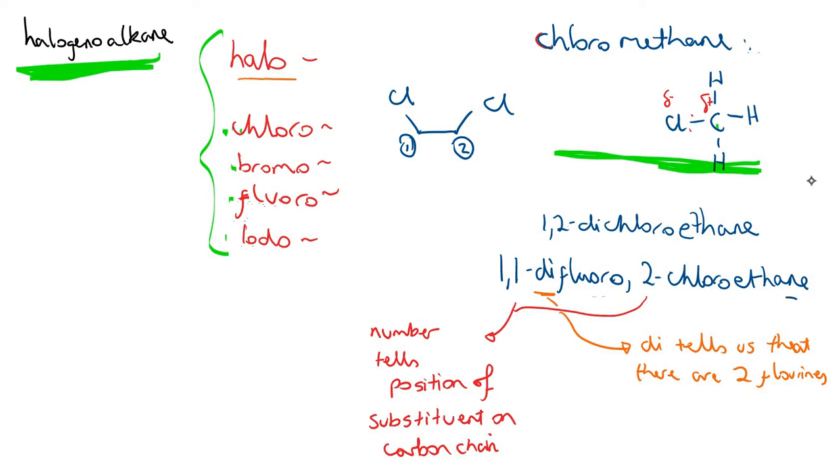Well, we look at this stem, that's ethane, so it's just 2 carbons long. I'll stick with my skeletal formula. On carbon number 2 there's a chlorine, and on carbon number 1 there's a fluorine. There's actually 2 fluorine atoms on carbon number 1. Di here tells us there's 2 of the fluorines, and the numbers here tell us the position of the substituent on the carbon chain.